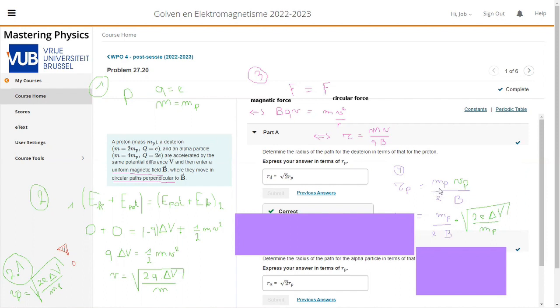So mass times velocity divided by the charge times the B. It's equal to this one. Then I remember that the V for the proton is equal to that, so I put this here and it gives me the final answer.